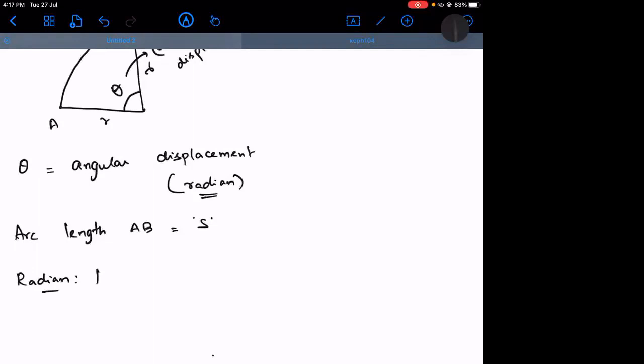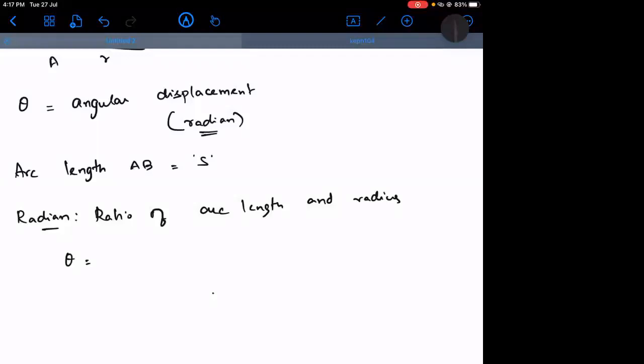Radian is defined as the ratio of arc length and radius. You guys know this, right? So theta is equal to S divided by R, so I can write S is equal to R theta. This is the relation between the linear and the circular parameters. So S is equal to R theta is the first relation that we need to understand. Am I clear, guys? Yes, sir. Right, good.